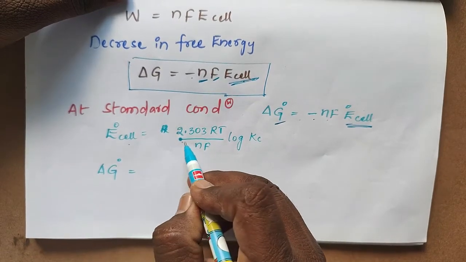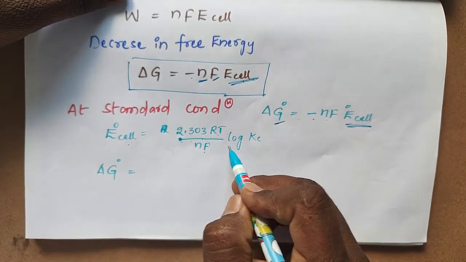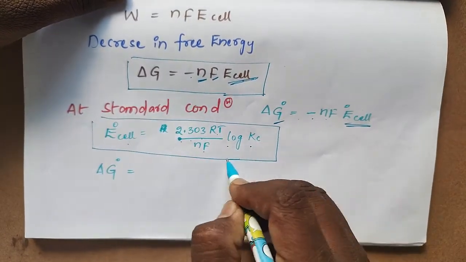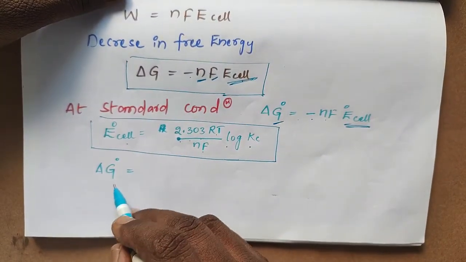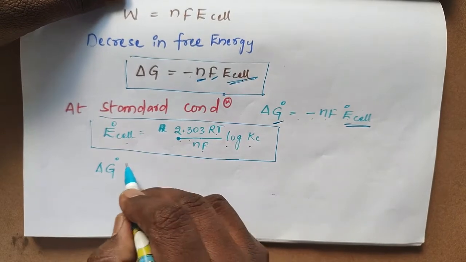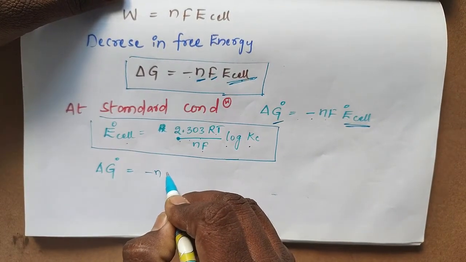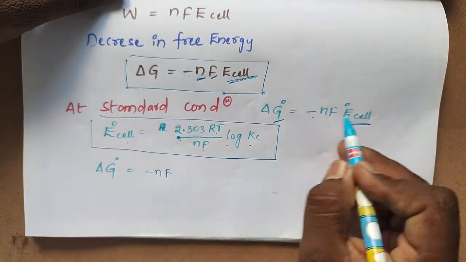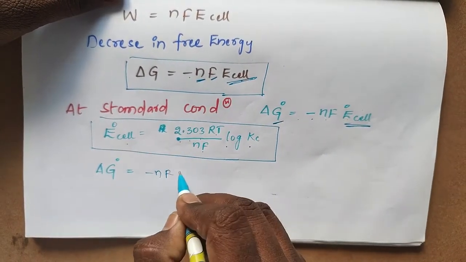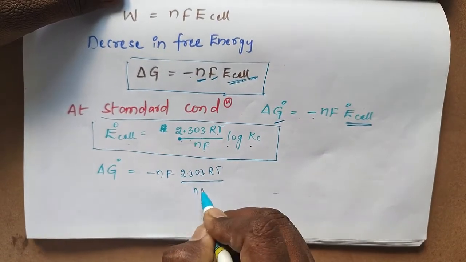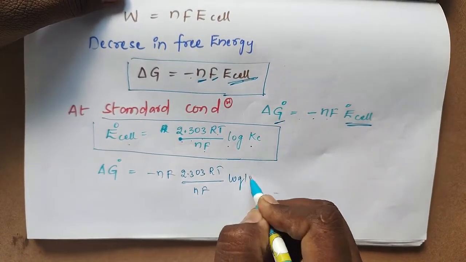E naught cell equal to 2.303 RT by nF log Kc. This is the equation for the equilibrium constant. So delta G naught equals minus nF E naught cell, which equals 2.303 RT by nF log Kc.